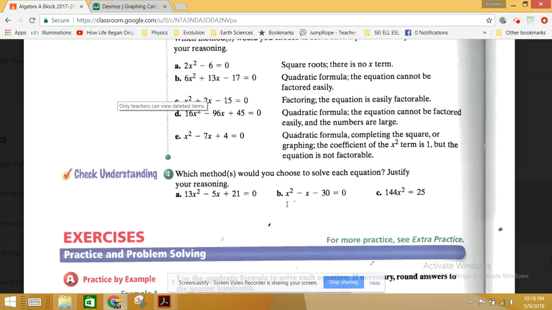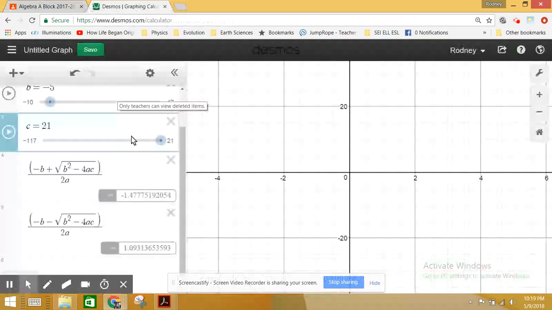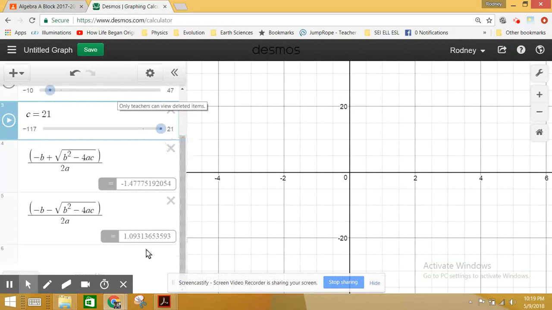This next one we could factor, because there are two factors of negative 30 that work: negative 6 and positive 5. So x minus 6 times x plus 5 equals 0. So you'd have x could be 6 and x could be negative 5. I'll demonstrate that over here.